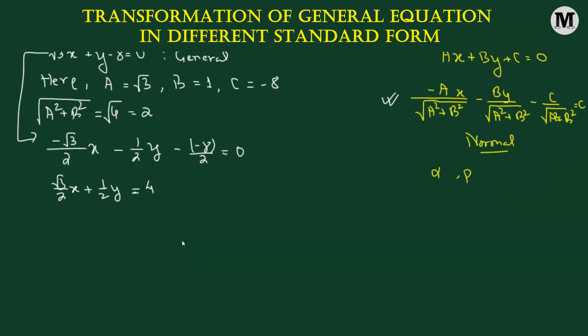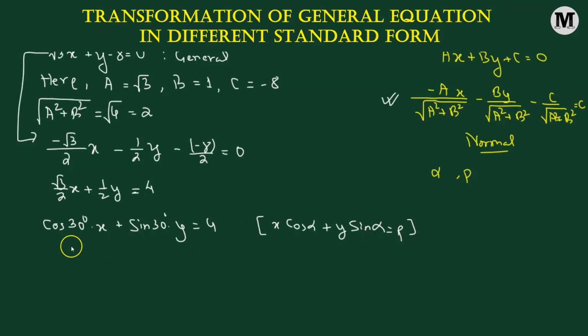Fine. Now we know square root of 3 over 2 is nothing but cosine of the angle 30 degrees. So we have cosine of 30 degrees times x added to sine 30 degrees times y equals 4. This is nothing but the normal form of the line. The normal form of the line is given by x times cosine of angle alpha plus y times sine of angle alpha equals the perpendicular distance p.